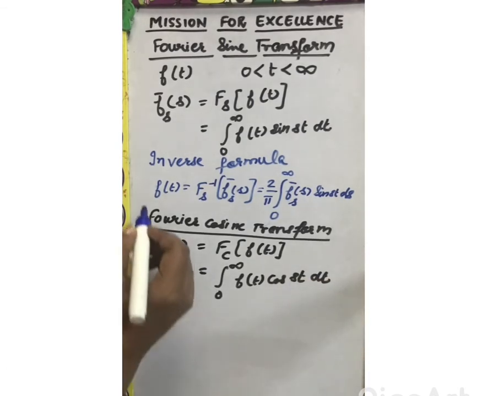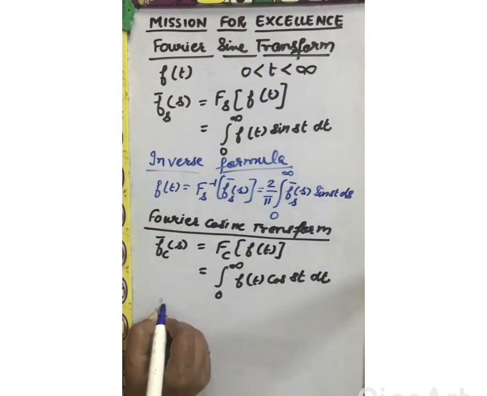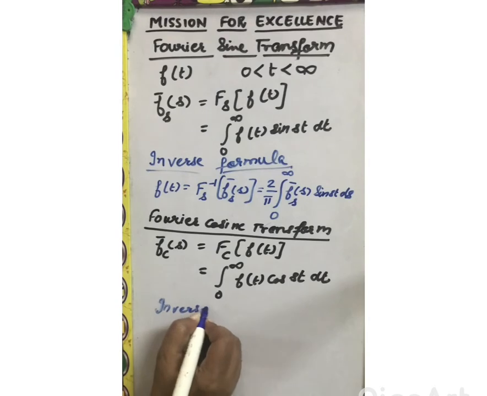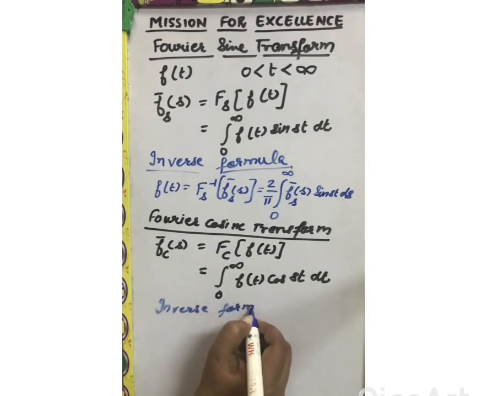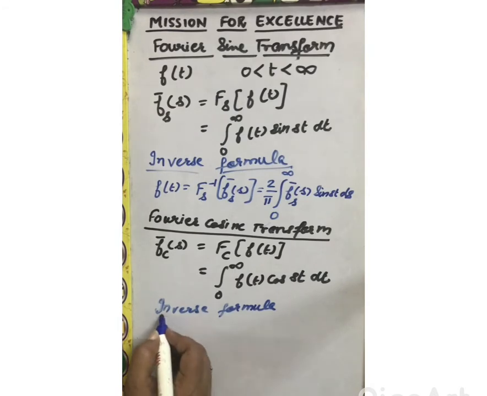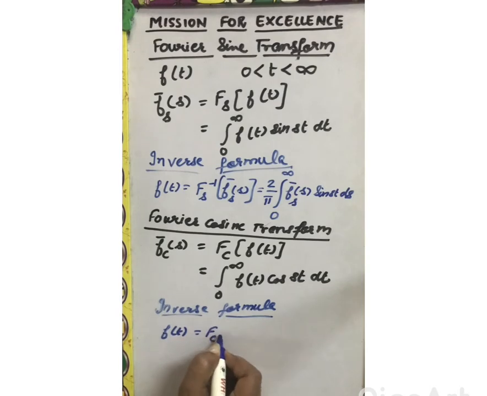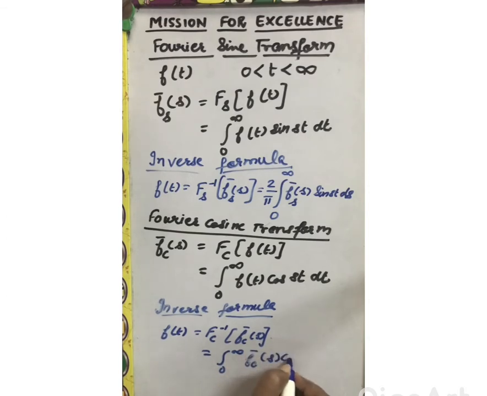In the similar manner we define the inversion formula. We take f(t) equal to the Fourier cosine inverse transform of the Fourier cosine transform, that is equal to integral 0 to infinity f bar c s cos(st) ds, and we take here 2 by pi.